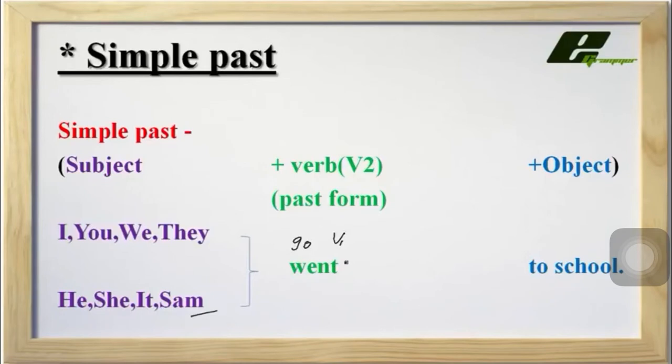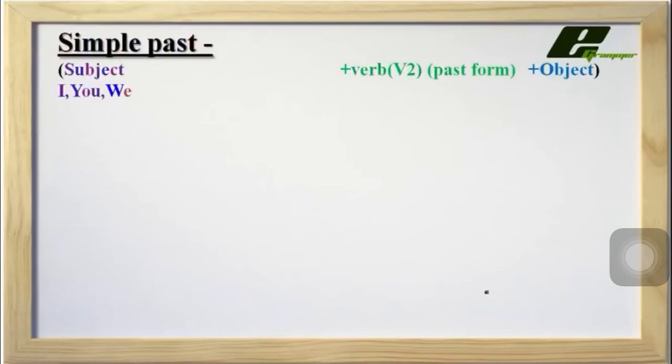Went is the past form, which is known as V2, and then comes gone, G-O-N-E, which is known as V3. So we are going to use this V2 form, went. The remaining part we will wipe off. So the sentence would sound like this: Sam went to school. Understood?